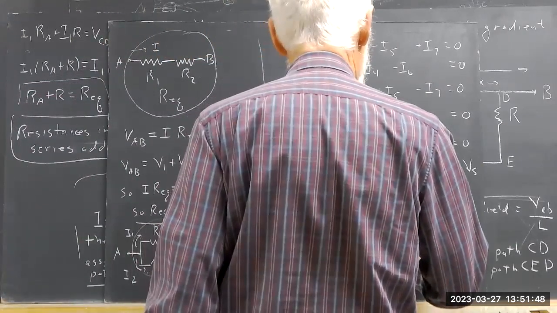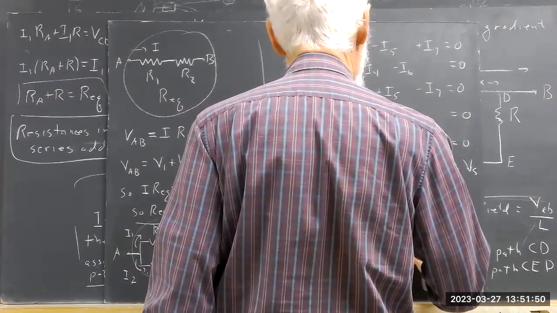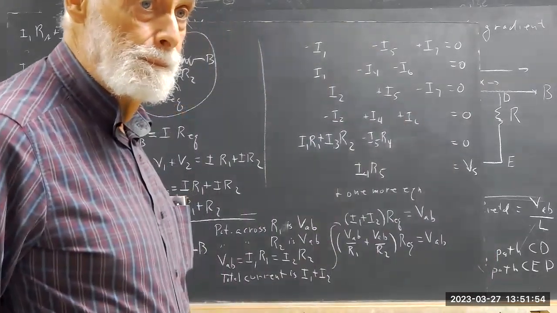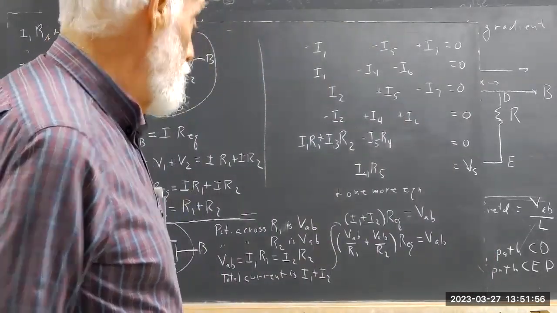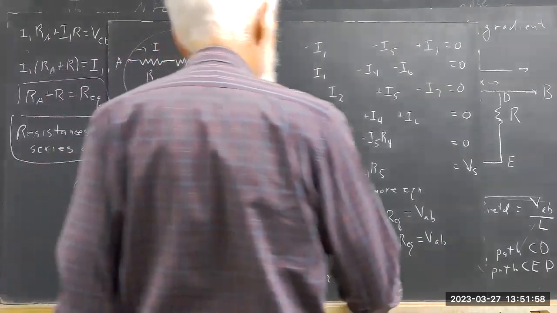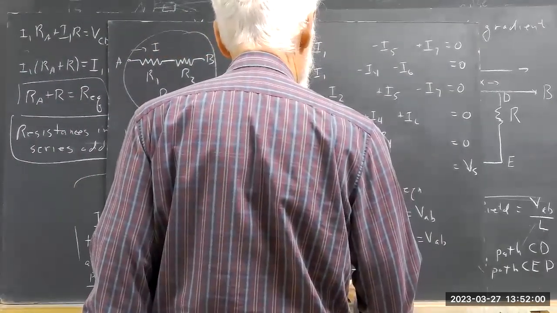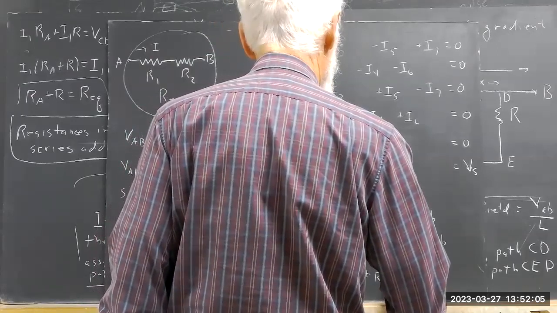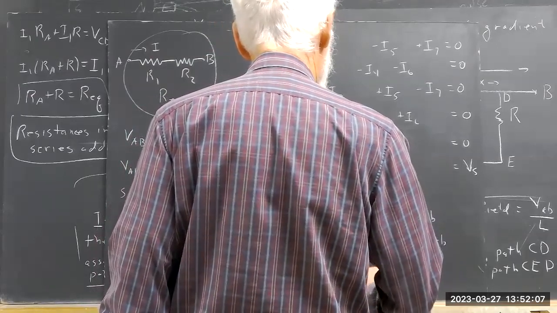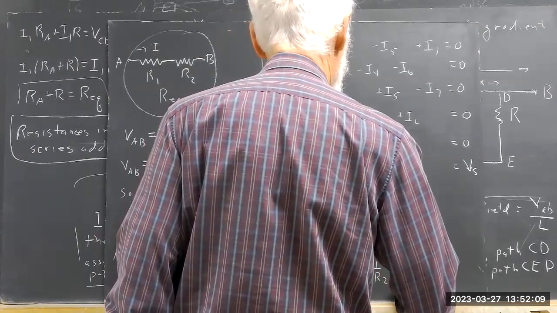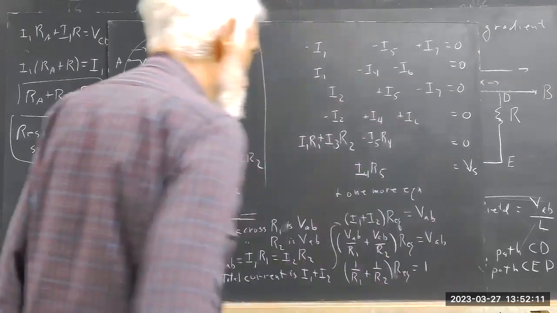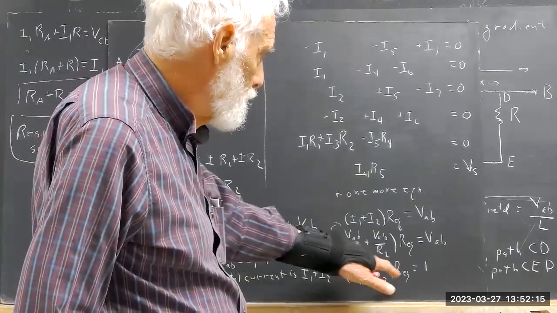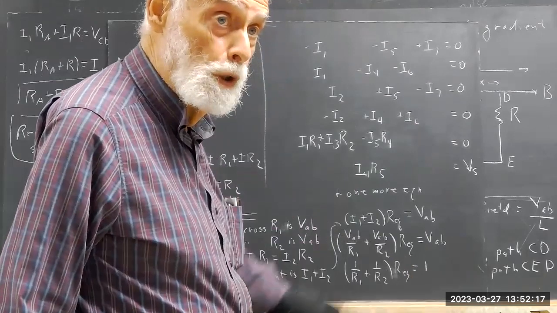And you multiply that by R equivalent, you get VAB. VAB divides out, giving you 1 over R1 plus 1 over R2, times R equivalent, equals 1.